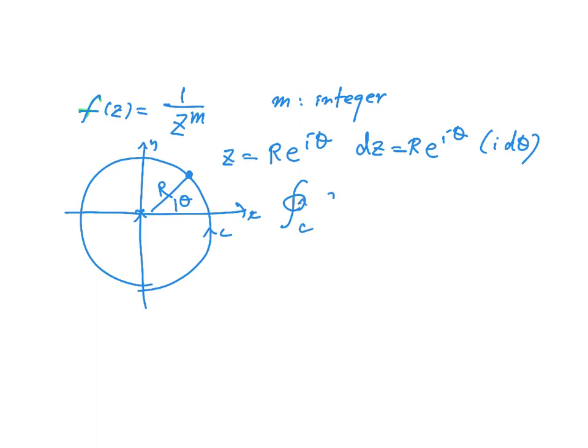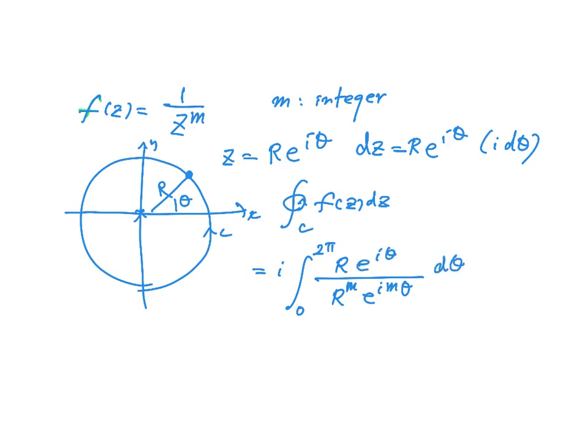Then the C integral from 0 to 2 pi of r to the minus m exponential minus i m theta, times r exponential i theta, i d theta, is i over r to the m minus 1, exponential i (1 minus m) theta d theta.